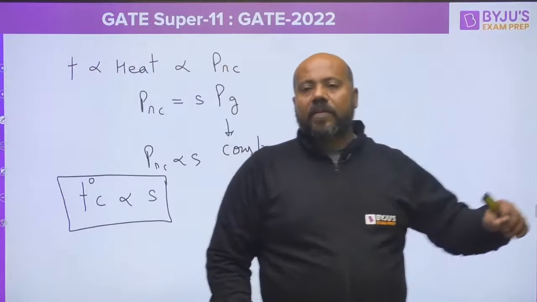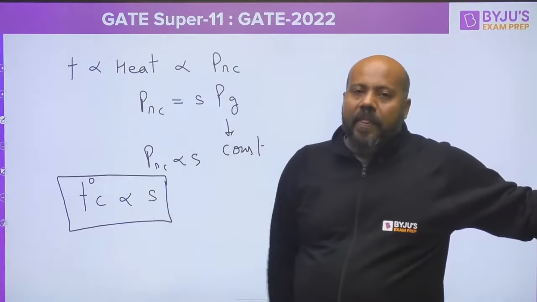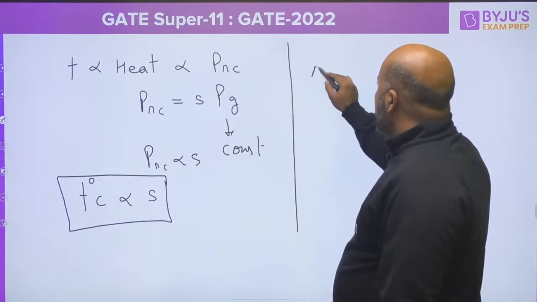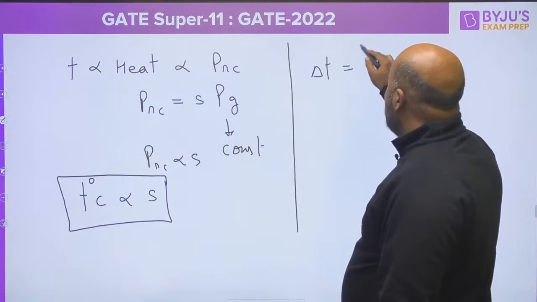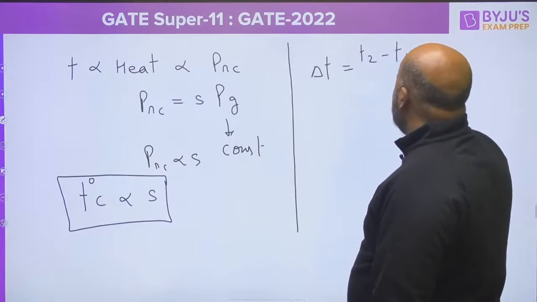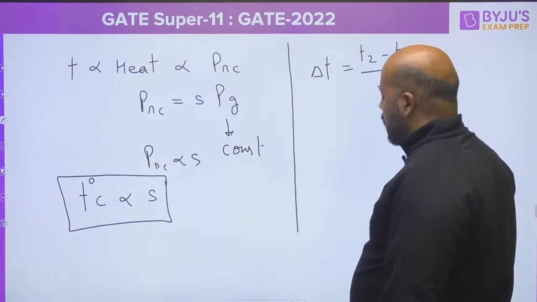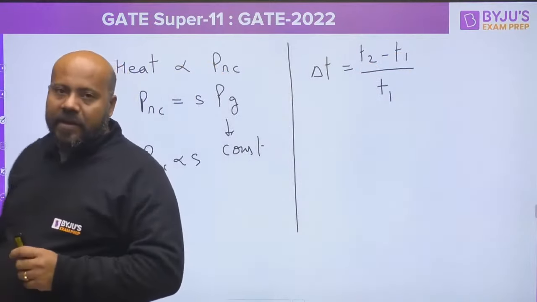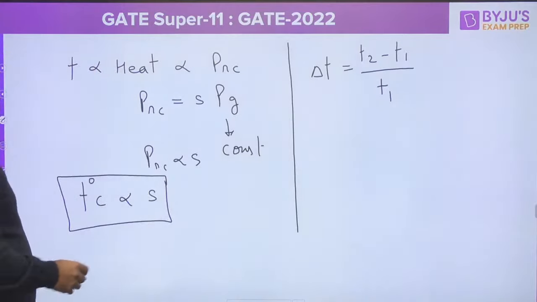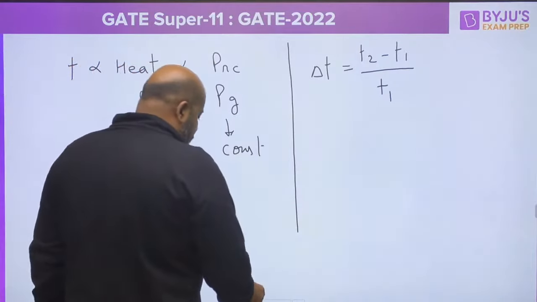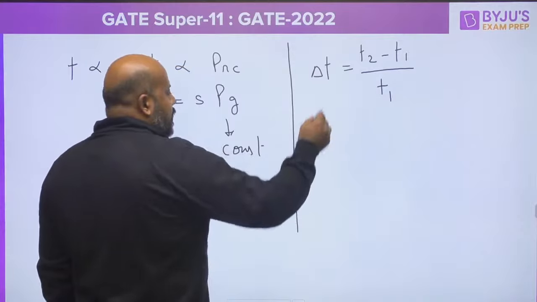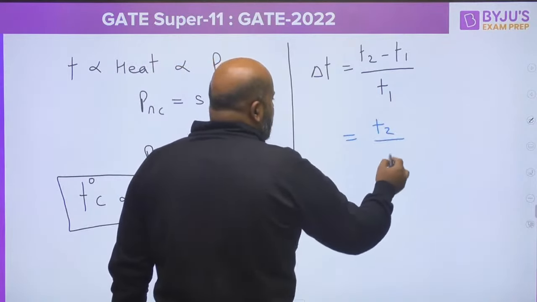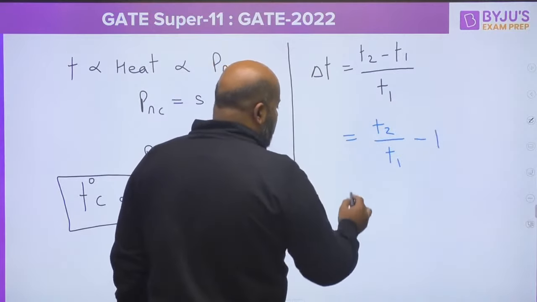Everybody tell me in the comment section. Yes or no? Now the only thing you have to do is write the change in temperature as T2 minus T1 upon T1. Yes or no? Accordingly, you can write it as T2 upon T1 minus 1.